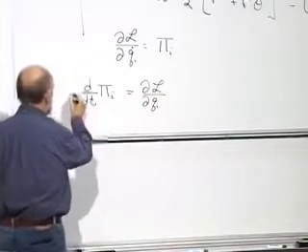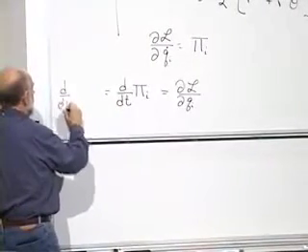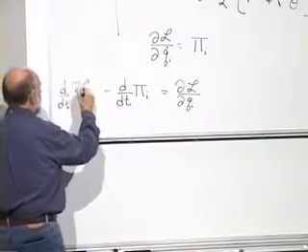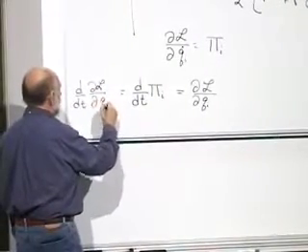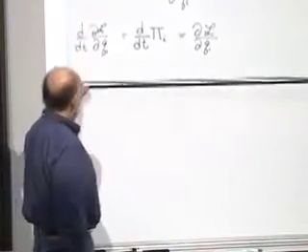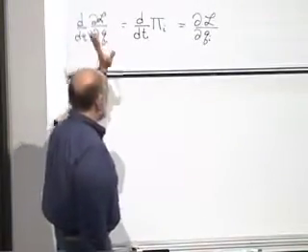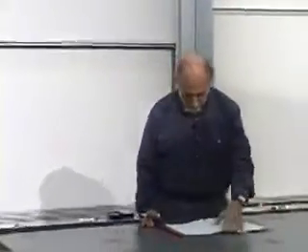We could also write this as d by dt of the derivative of the Lagrangian with respect to the ith generalized velocity, q sub i dot. That's what we got from the principle of least action when we applied the Euler-Lagrange method to it.